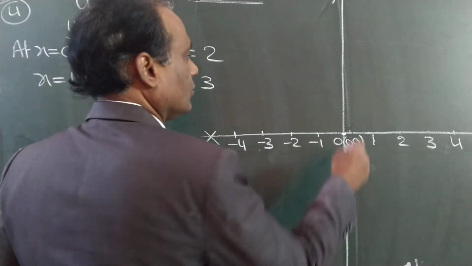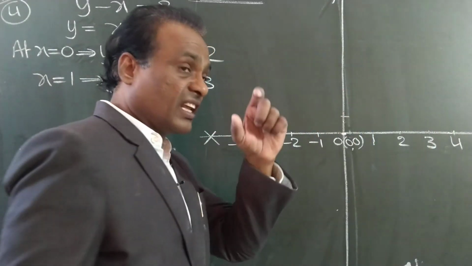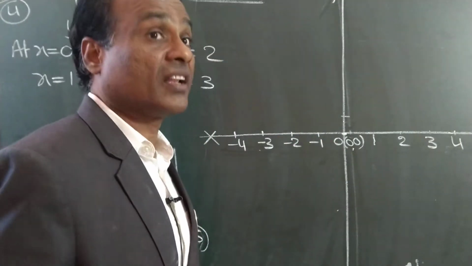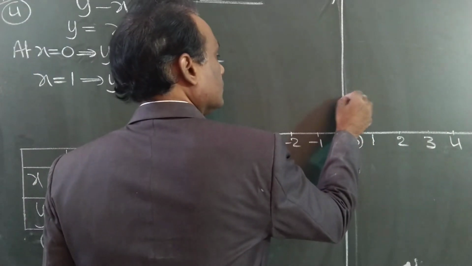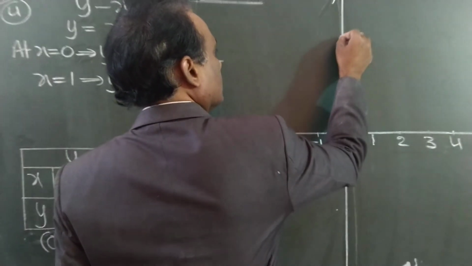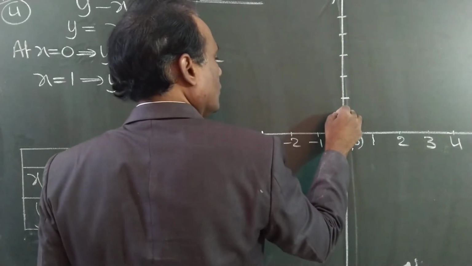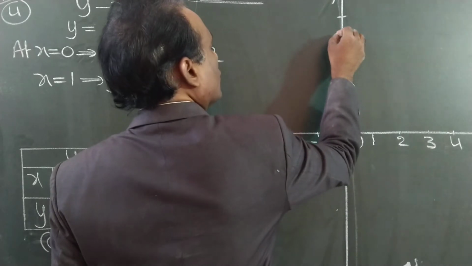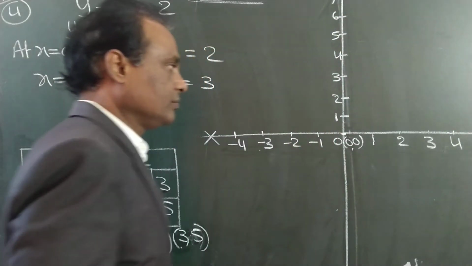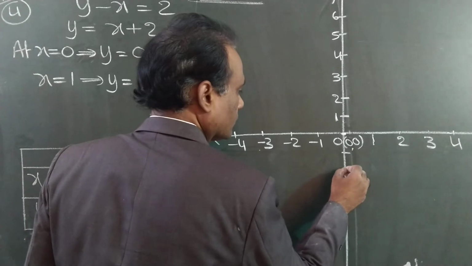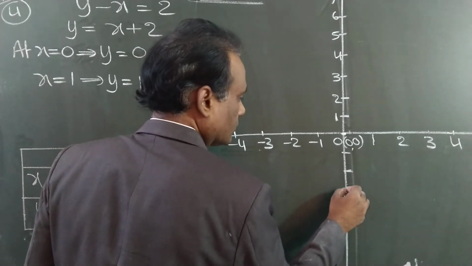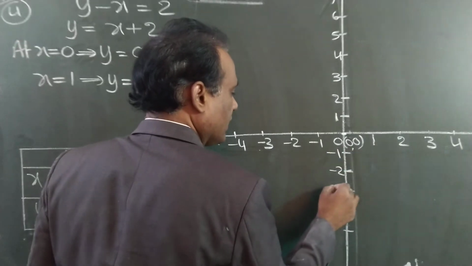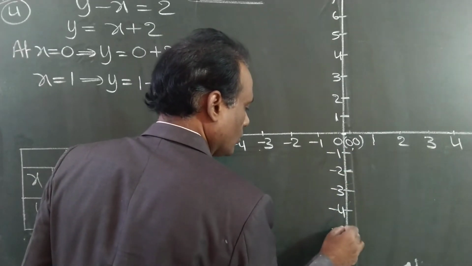Now the y values. There are boxes in the graph paper. Each box, take it as 1. So 1, 2, 3, 4, 5, 6 upward, and -1, -2, -3, -4, -5 downward.